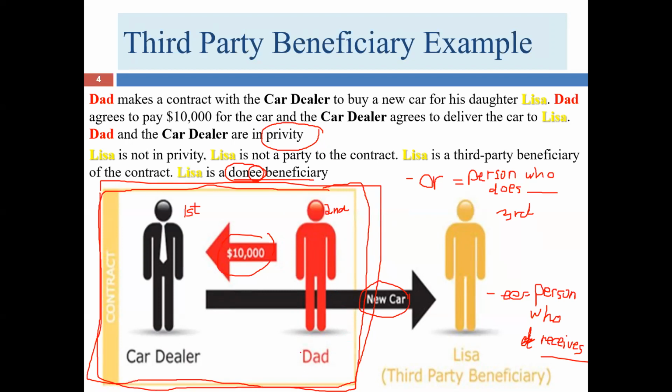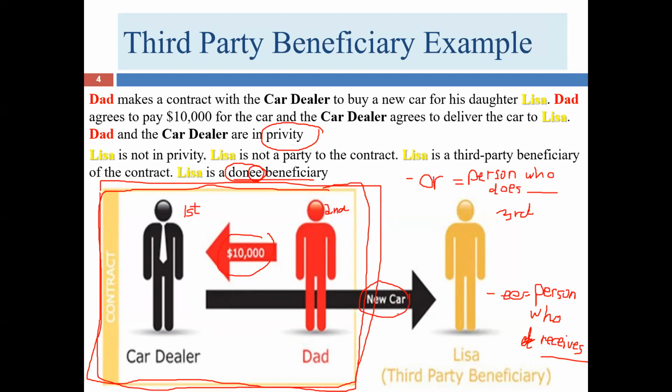So you can see that the car dealer is a promisee with respect to this and a promisor with respect to this. Dad is a promisor with respect to this and a promisee with respect to this. Now, when we're talking about third-party beneficiary examples, we don't focus on this one because Lisa's really not involved in this one. Lisa's involved in this one, the thing that's leaving our contractual twosome here and going out here.